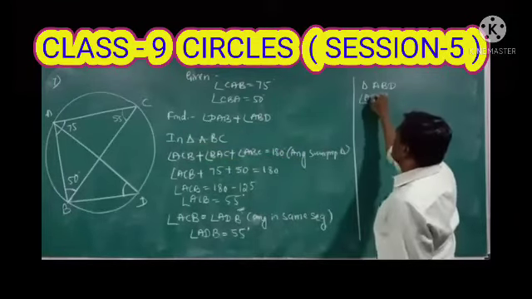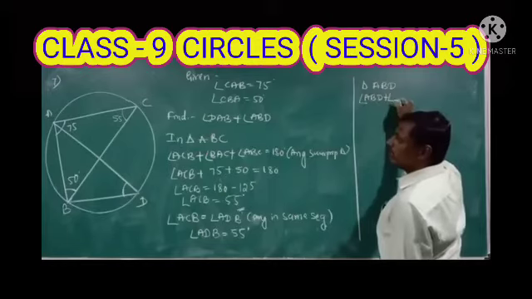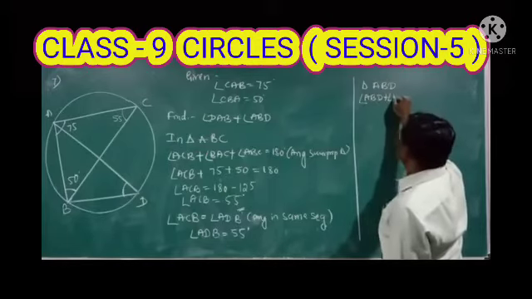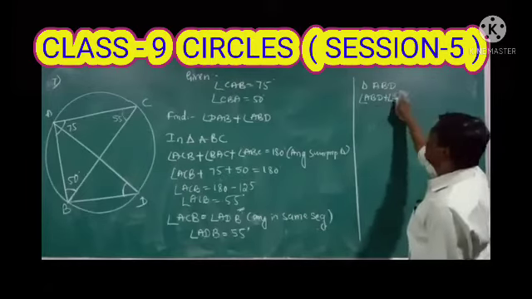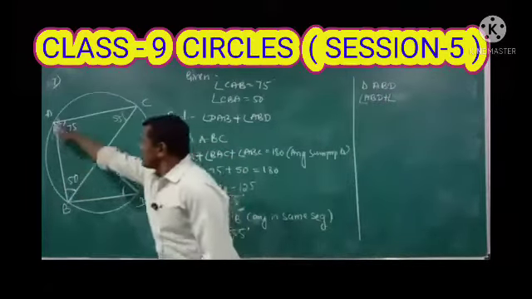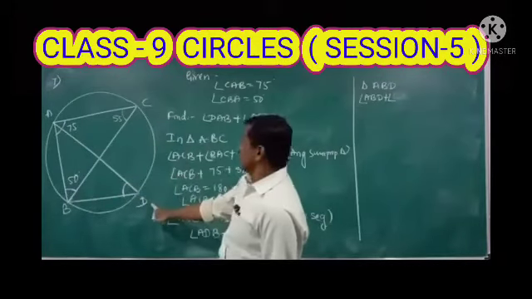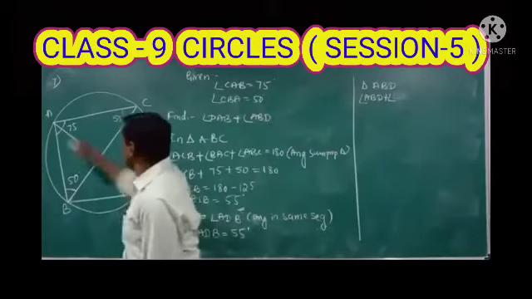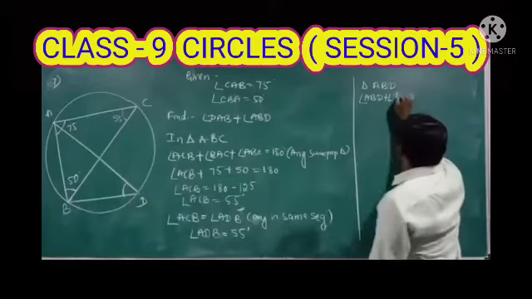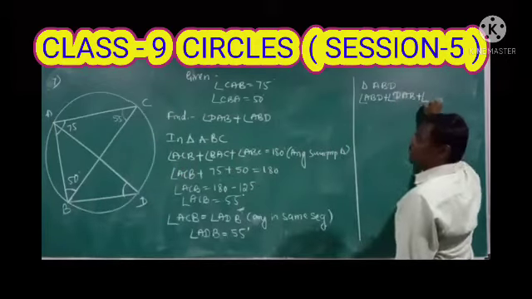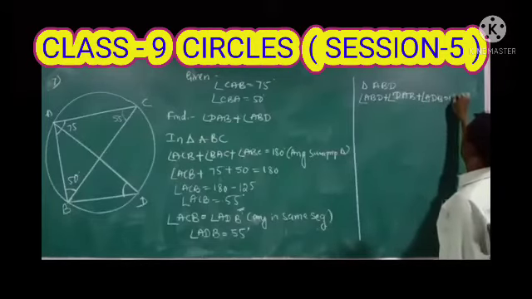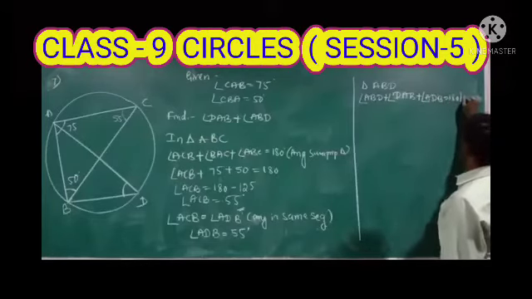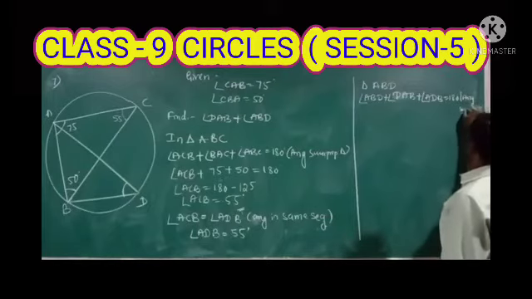First angle is ABD, second one is DAB, plus third one is ADB, which is equal to 180 degrees. Reason: angle sum property of a triangle.